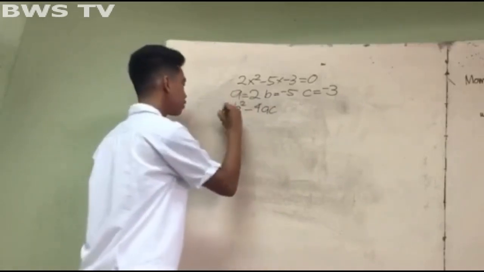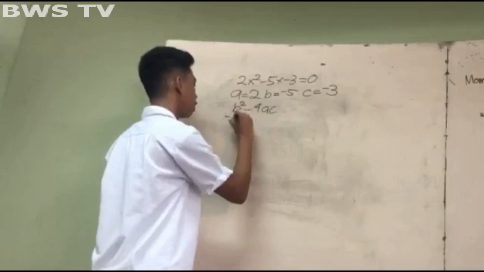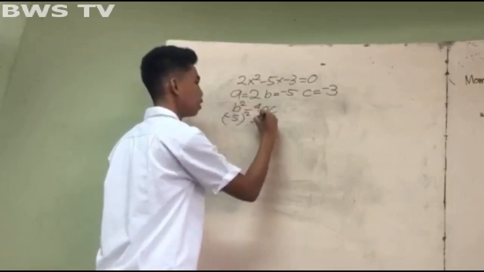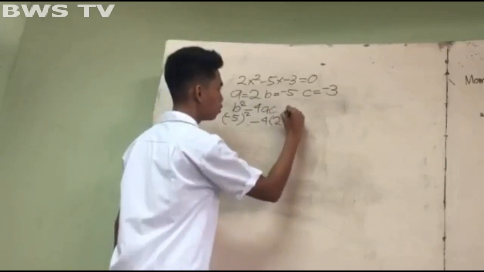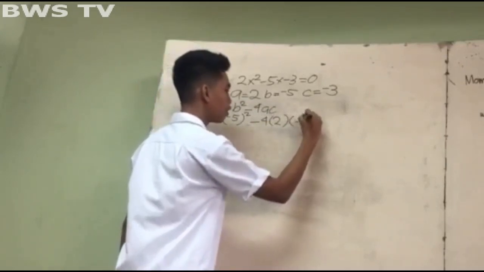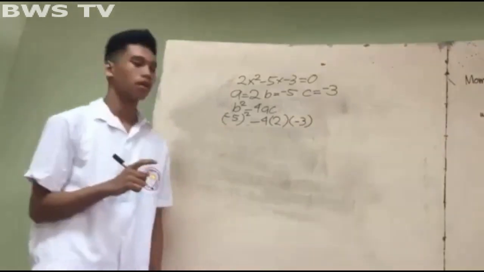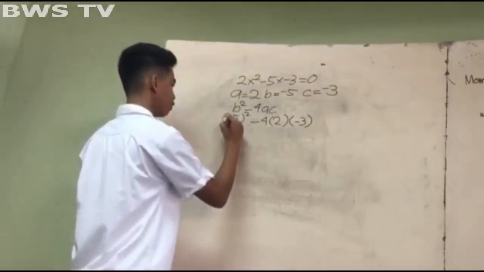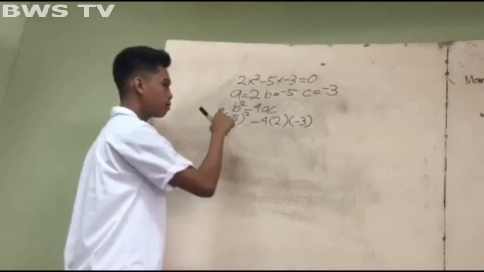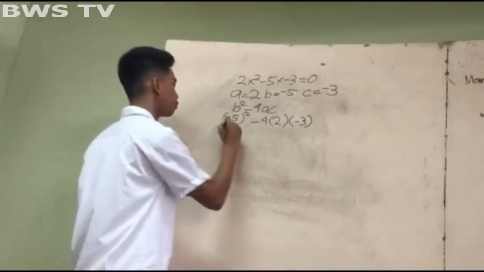So b is negative 5 squared minus 4, a is 2, c is negative 3, and then you will simplify. Negative 5 times negative 5 is positive 25.